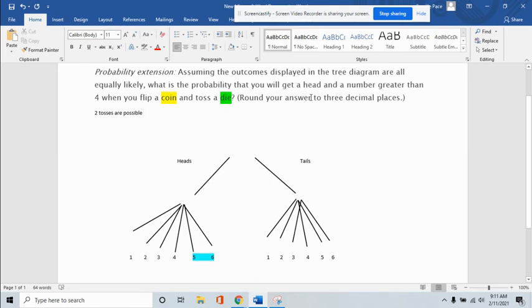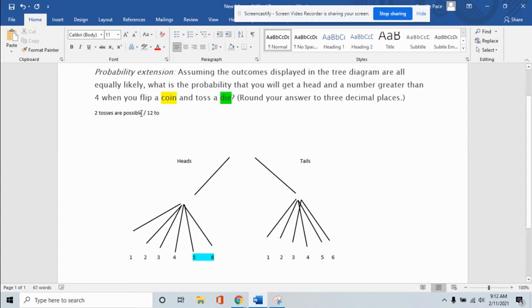So now I need the probability, and I need it in decimal. So how many likely possibilities are there? There's 1, 2, 3, 4, 5, 6, which includes what I want, 7, 8, 9, 10, 11, 12. So there's 12 tosses.